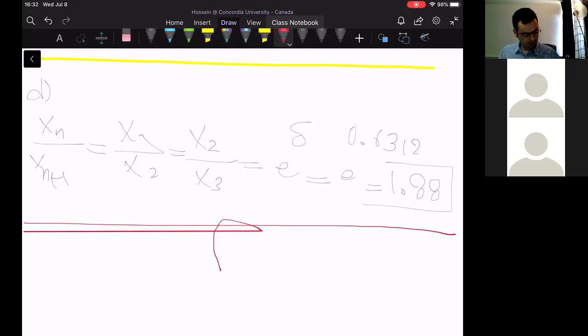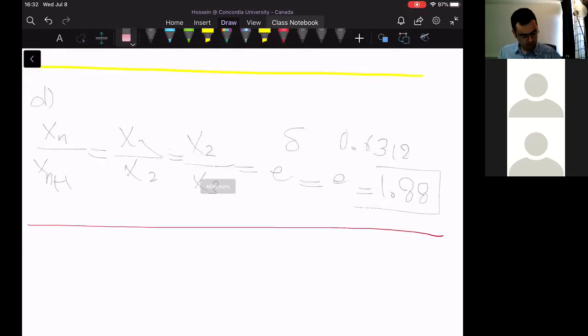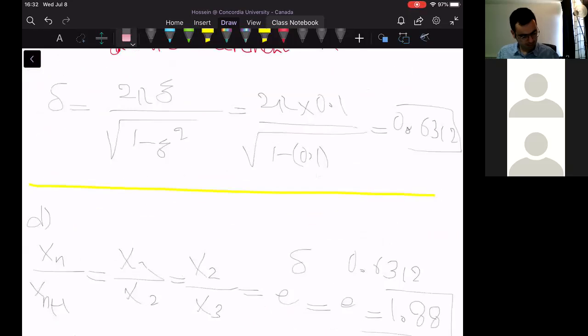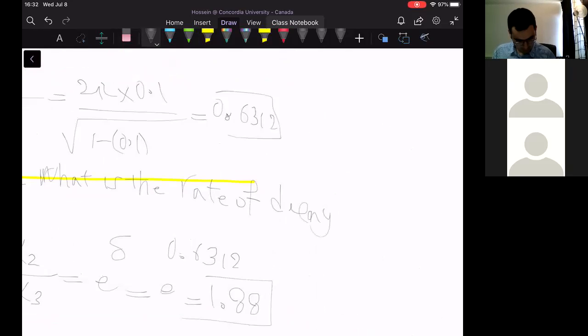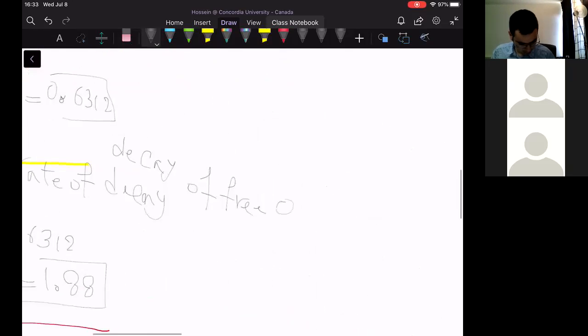Basically, this logarithmic decrement just says what is the rate of decay of free vibration or free oscillation.